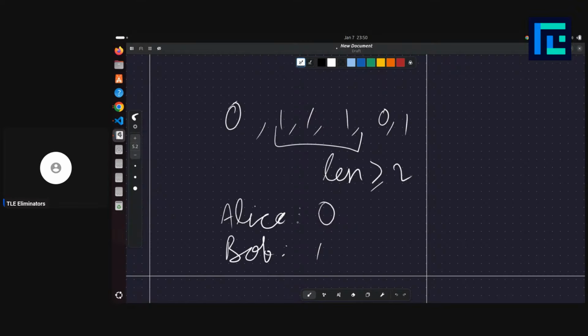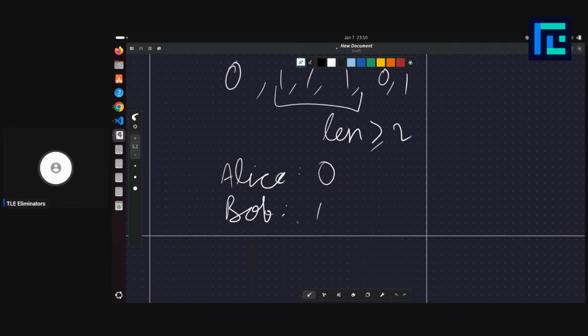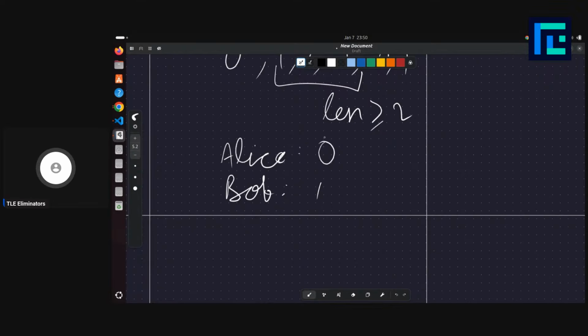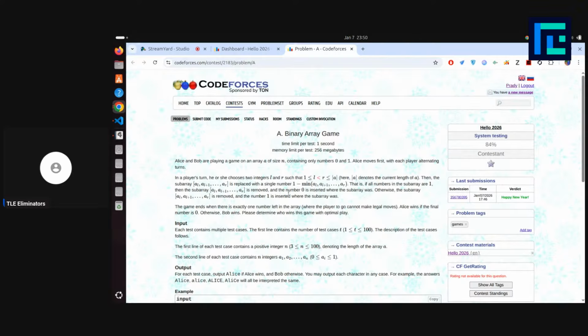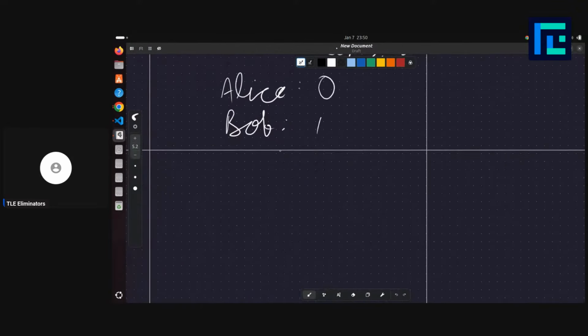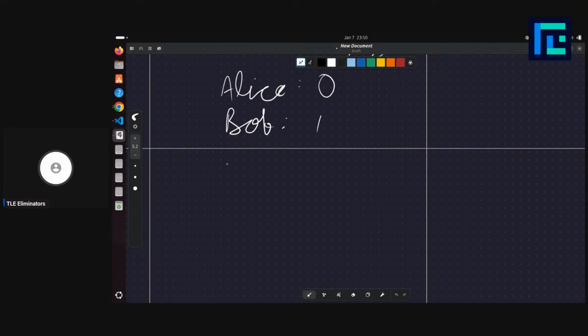Okay, so the first move is of Alice, right? So first of all, Alice wants 0, right? So how can you make 0? Like, if the subarray removed has only ones, then the number we can place is 0. So like, first move of Alice, right? So if the initial array is like this, 1 1 1 1, like all ones, right?